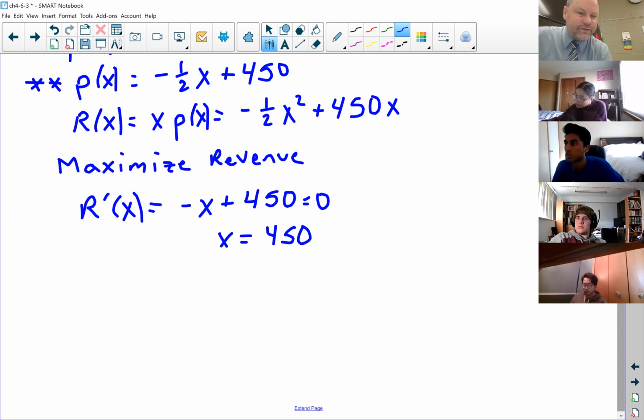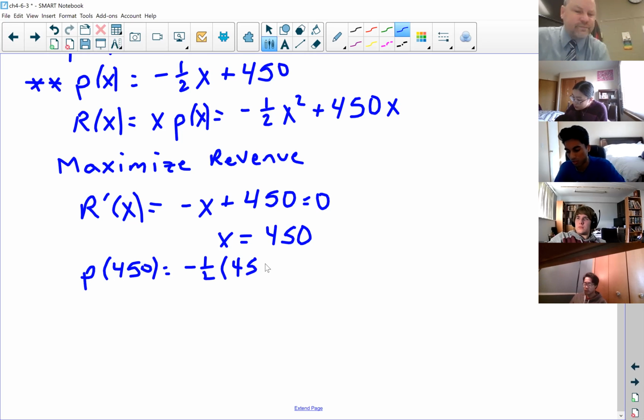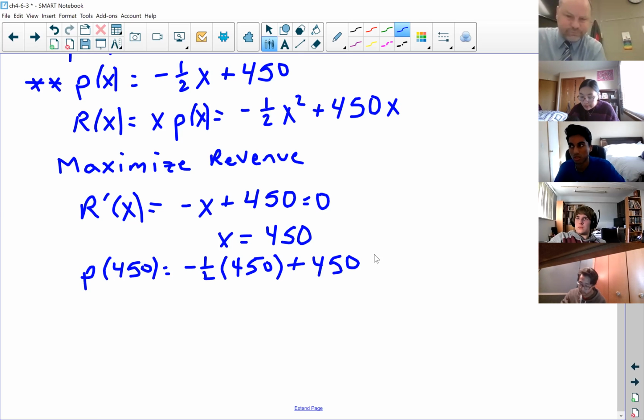So we're going to find the demand function at 450. And so we're taking 450 and subtracting half of it.